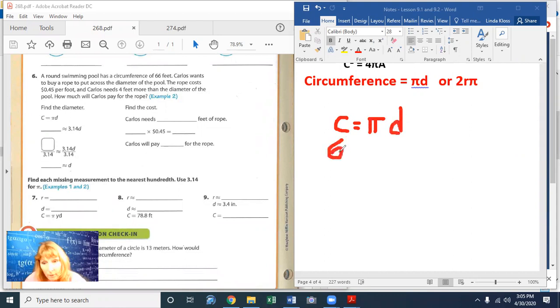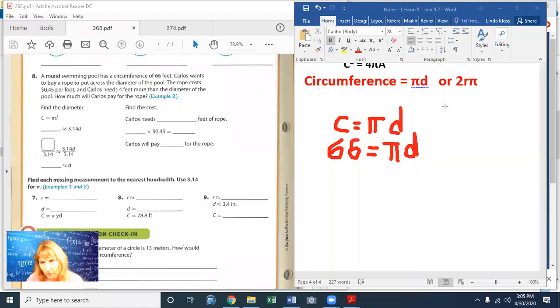You guys know how to solve these problems now because you know how to move things around on both sides of the equation. 66 equals pi times the diameter, which is what we're trying to find out. They don't tell us that. We also know he needs 4 more feet than the diameter. I could draw a picture if necessary.